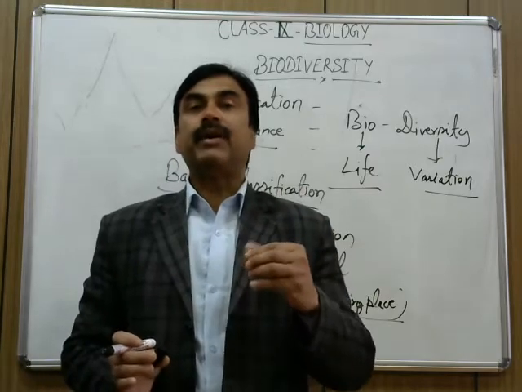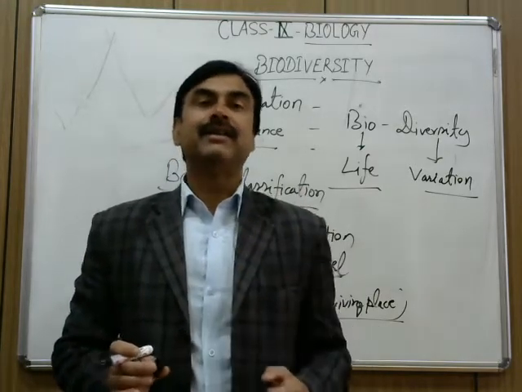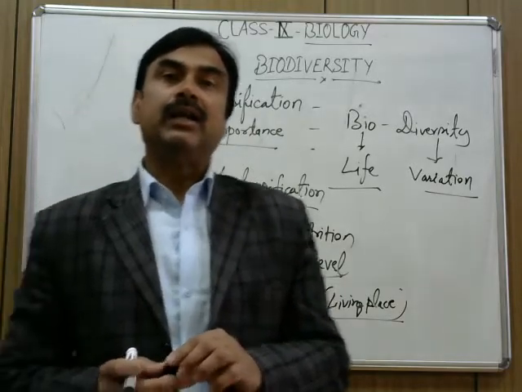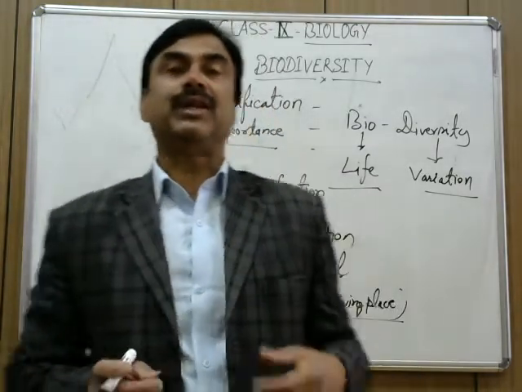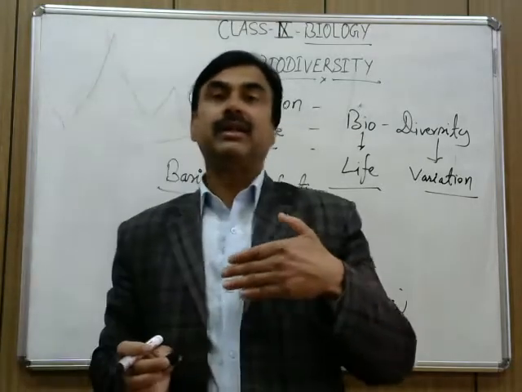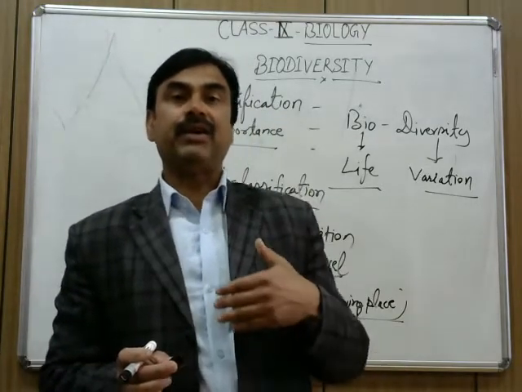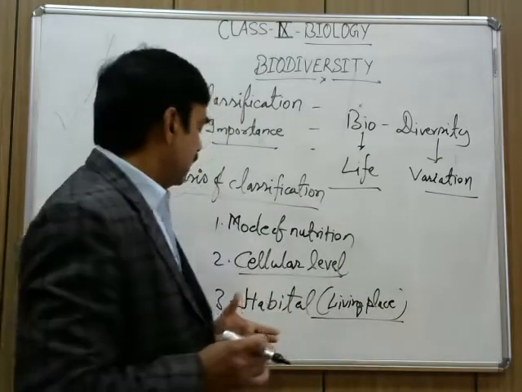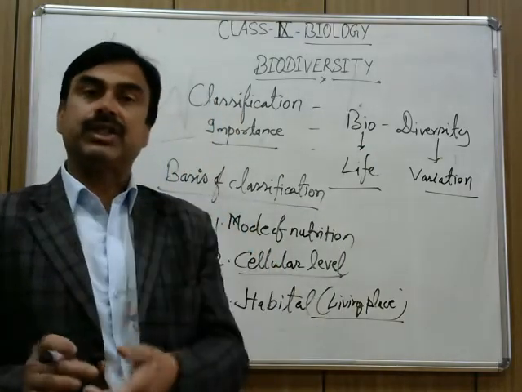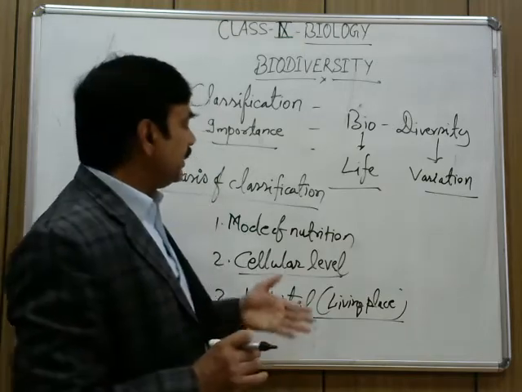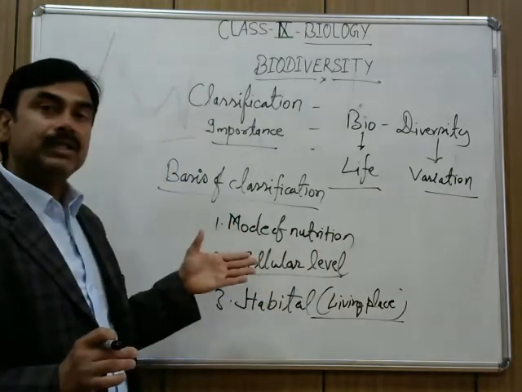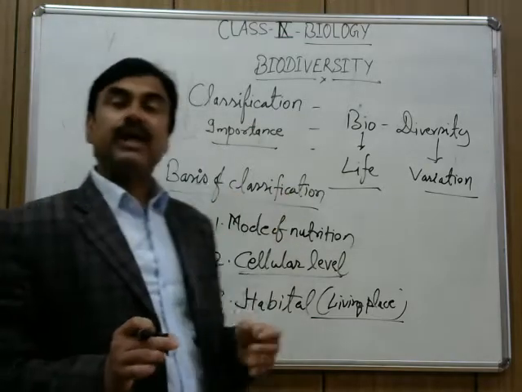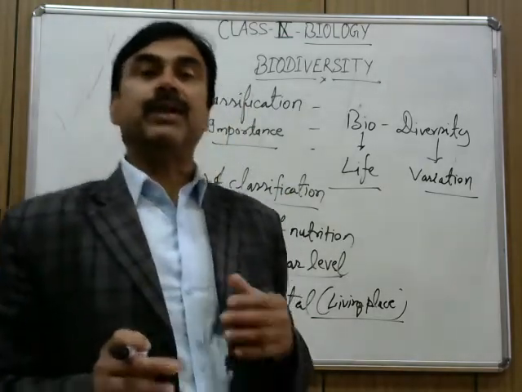So aquatic and terrestrial animals, you can say. Terra conditions means the dry area. So on the basis of these three bases, we will classify different plants and animals.